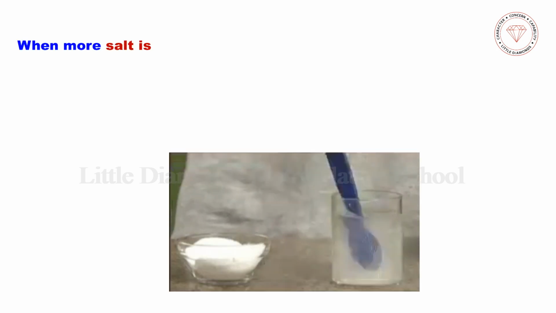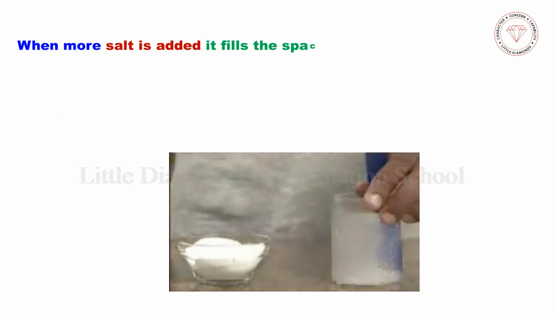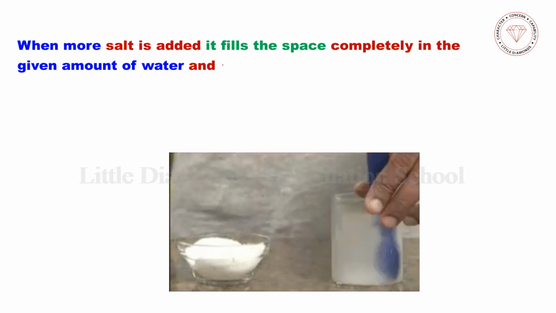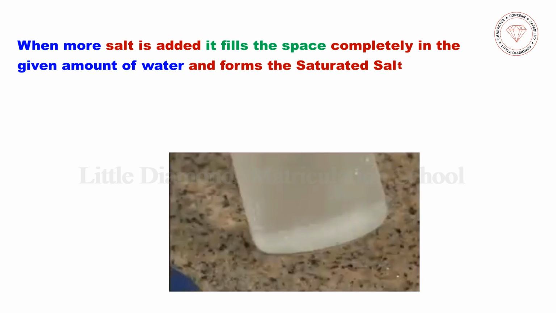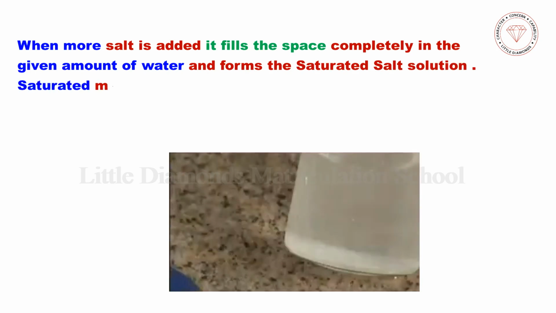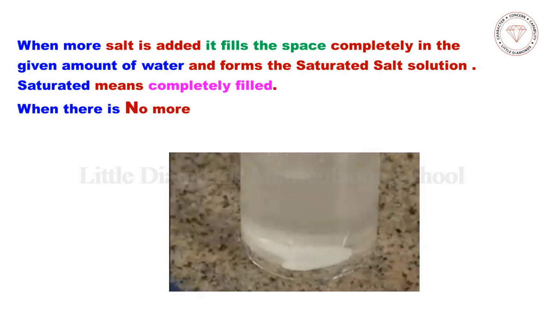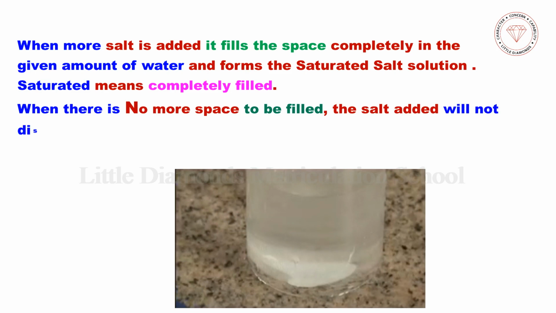When more salt is added, it fills the space completely in the given amount of water at that temperature and forms the saturated salt solution. Saturated means completely filled. When there is no more space to be filled, the salt added will not dissolve but gets deposited.